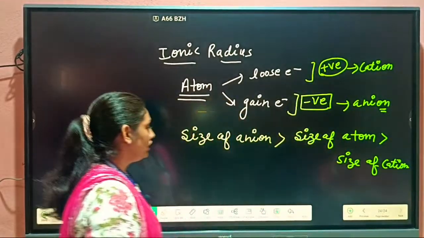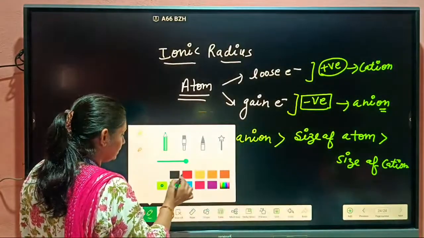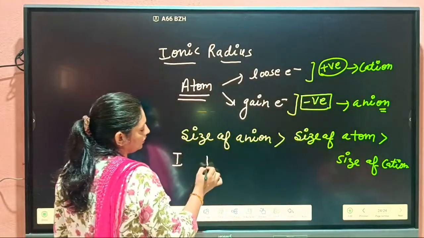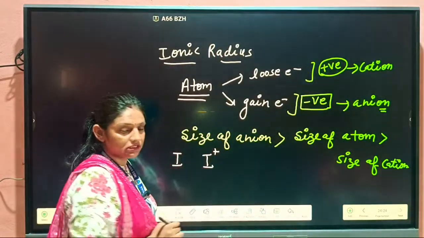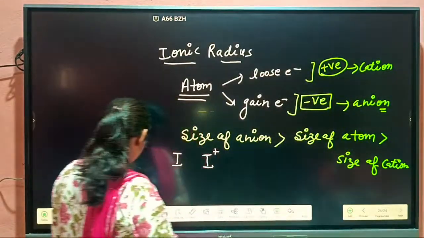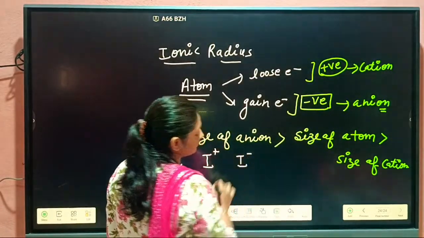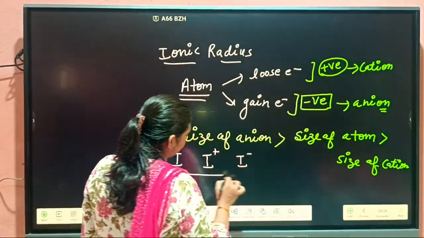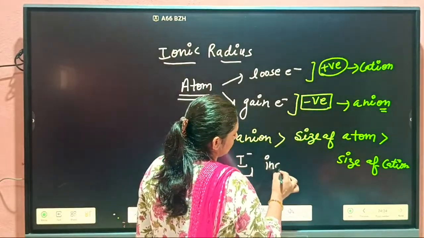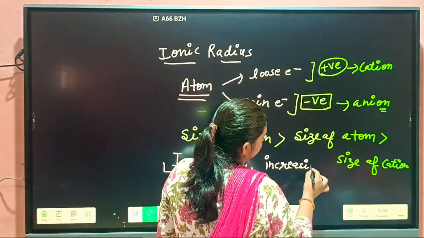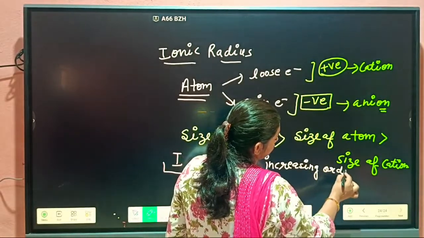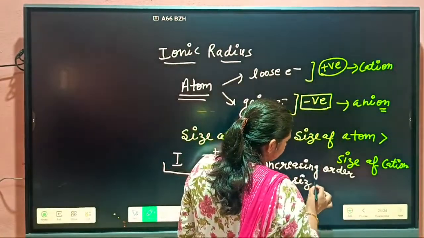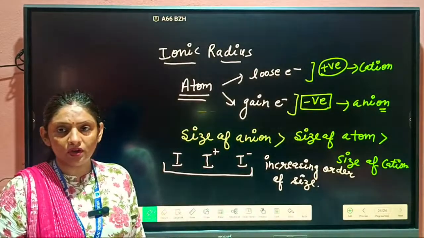For example, if it is asked to us to arrange I+ and I- (the anion form) in increasing order of size, how can you arrange?